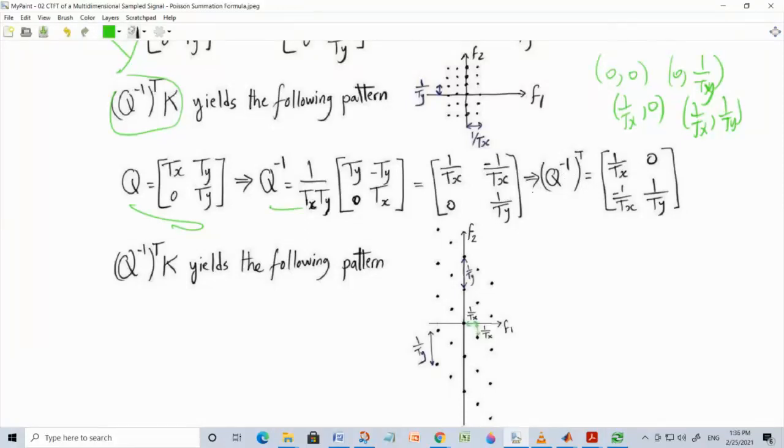So you can get Q inverse, then transpose. This is Q inverse transpose. And so your original spectrum will be repeated about all of these points. And definitely, if your signal is not band limited, then all those replicas will overlap.